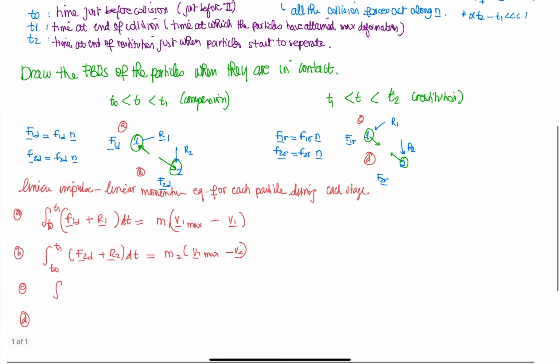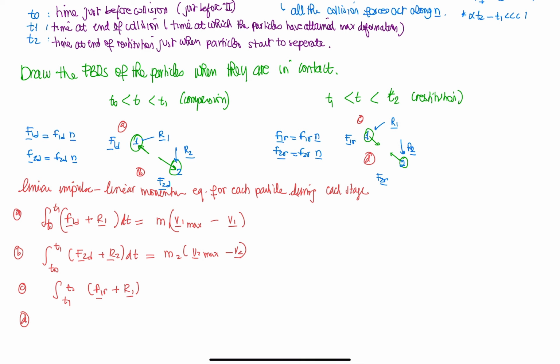And then I can also write, T1 to T2 of F1r plus R1 dt is equal to m1 times v1 prime minus v1 max. v1 max is the velocity of mass 1 at the maximum collision stage.